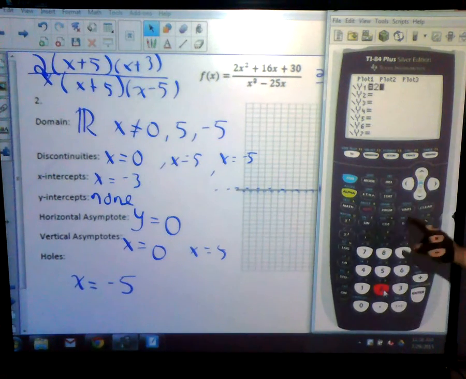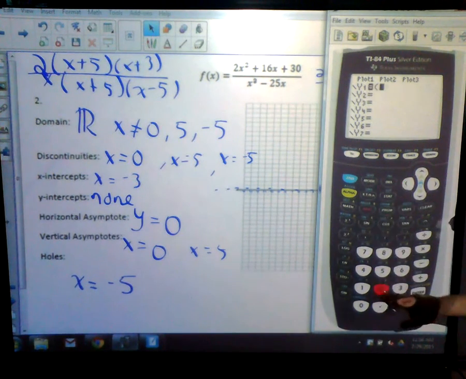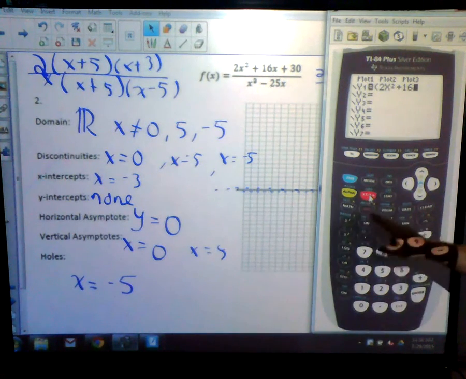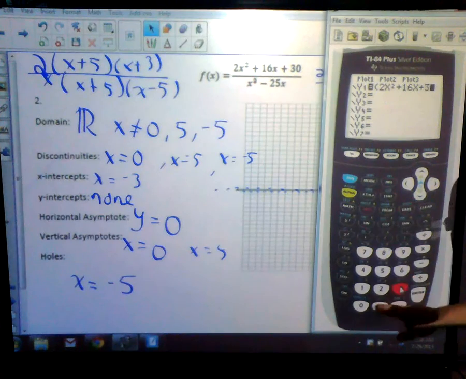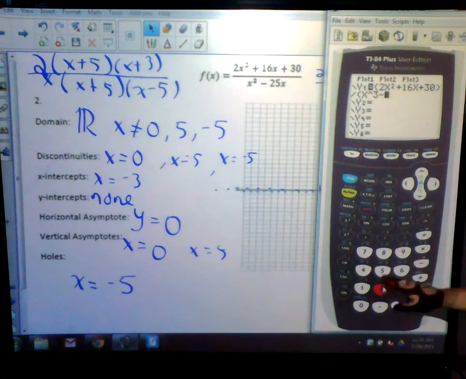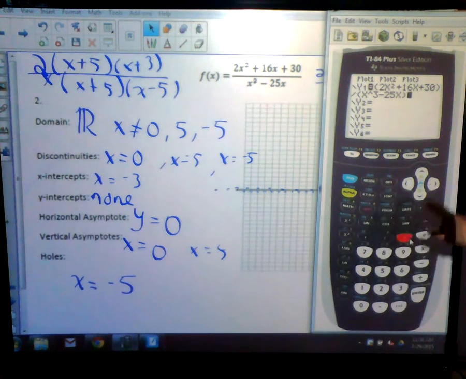So 2x, let me put parentheses here, 2x squared plus 16x plus 30 divided by x to the third minus 25x. Graph it.